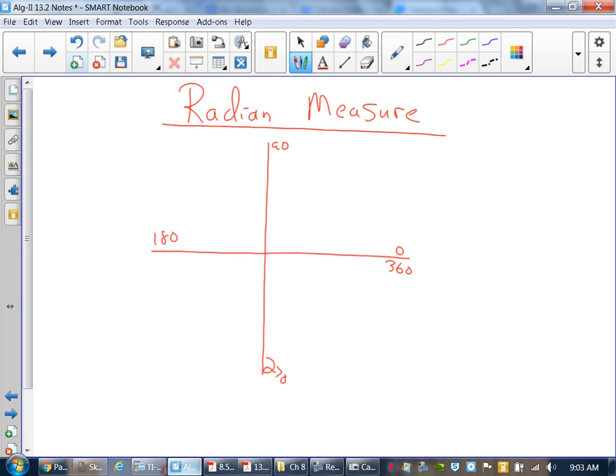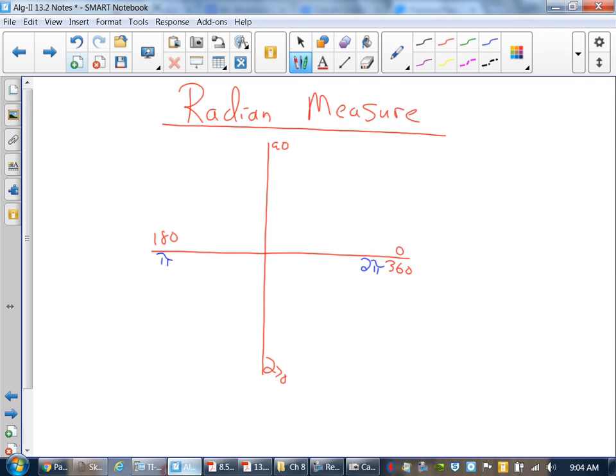It takes 2 pi to get around something. We're going to turn this into a circle because you can draw degree measures out of it. So if you start at 0, 0 times pi would be 0. If I come all the way over to 180, halfway around a circle, well, if going all the way around a circle is 2 pi, halfway would be pi.